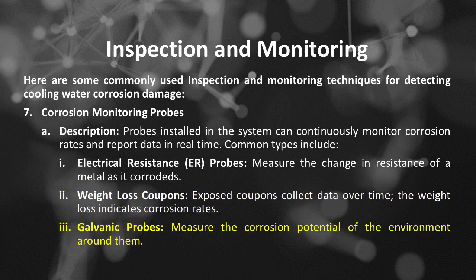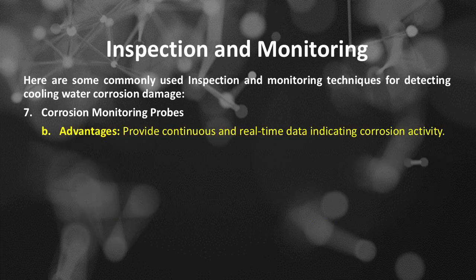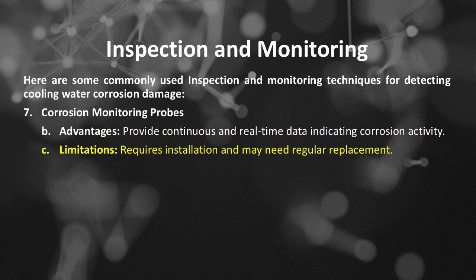Galvanic probes measure the corrosion potential of the environment around them. Advantages: provide continuous and real-time data indicating corrosion activity. Limitations: requires installation and may need regular replacement.